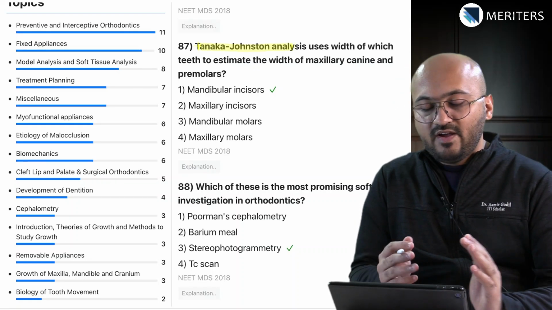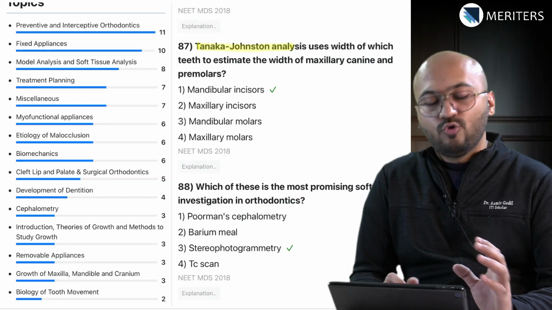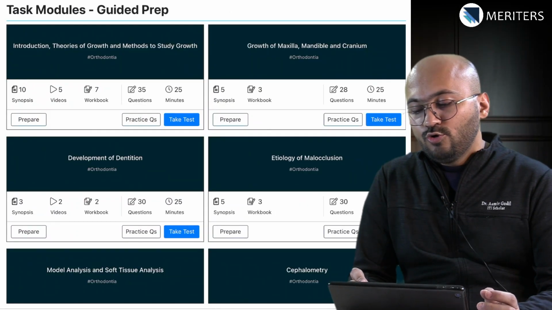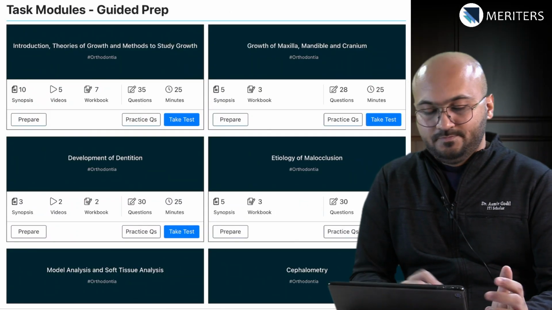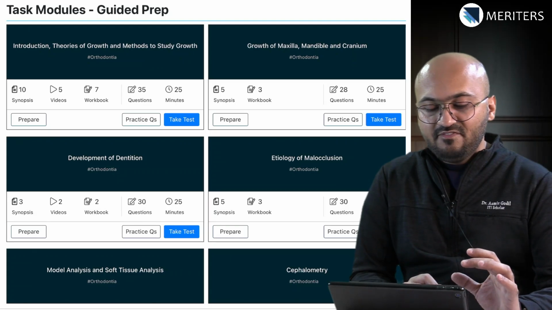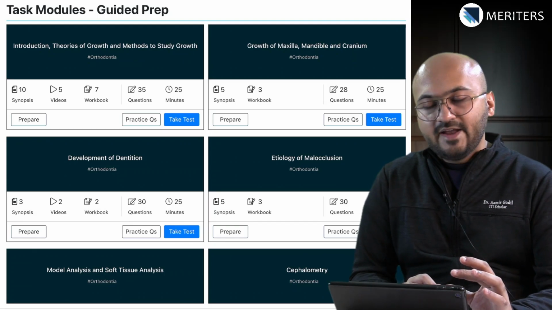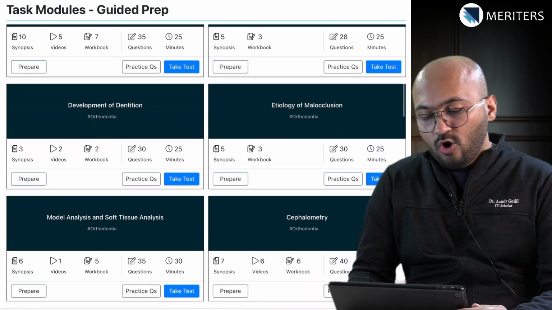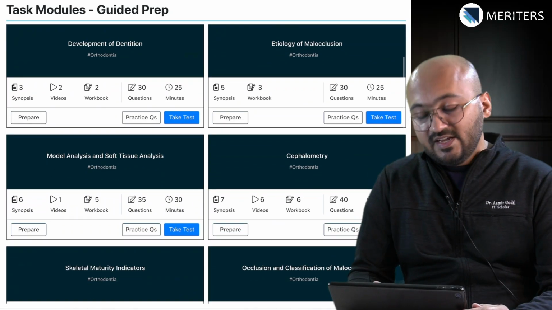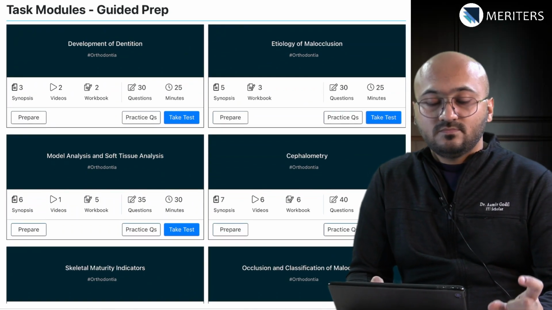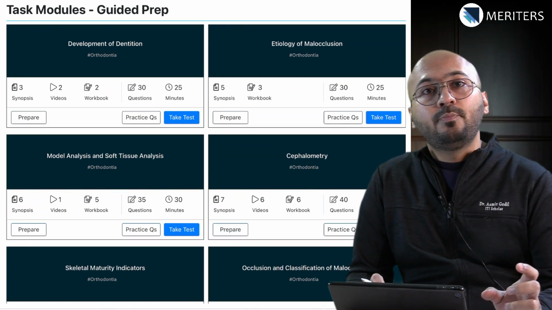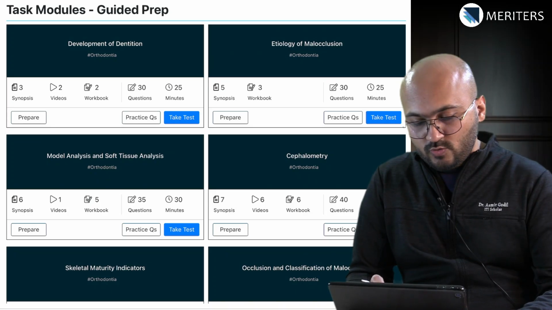Now, once you have identified these focus areas and topics, how do you apply that in the app? So in the app, you will have task modules under the guided prep option where you have all these topics as individual tasks, right? To be able to prepare and practice your questions.